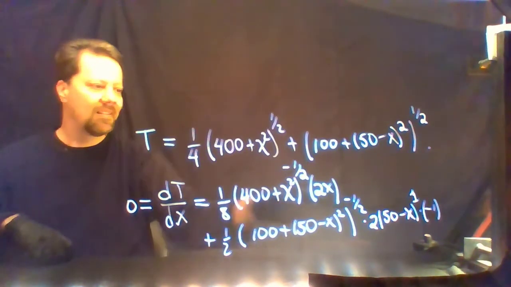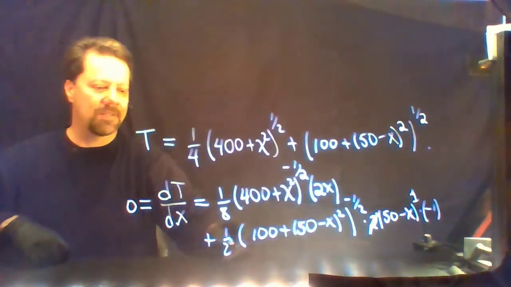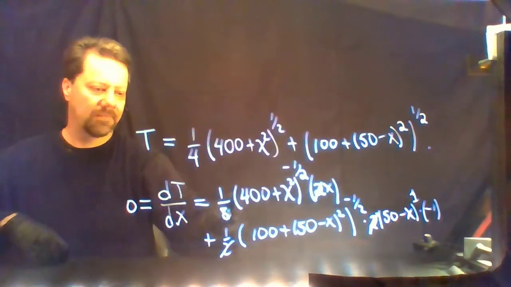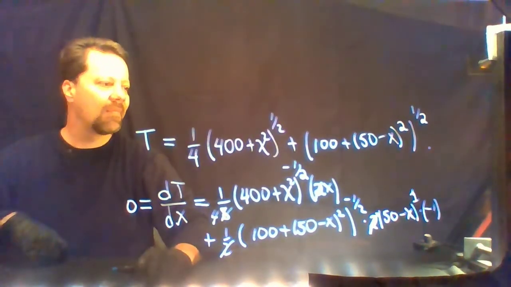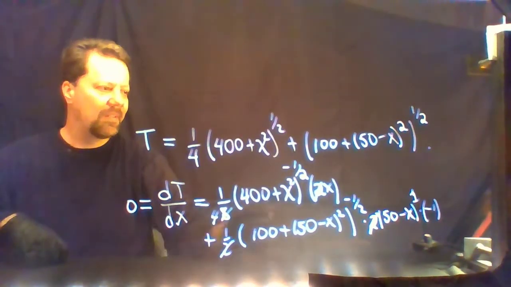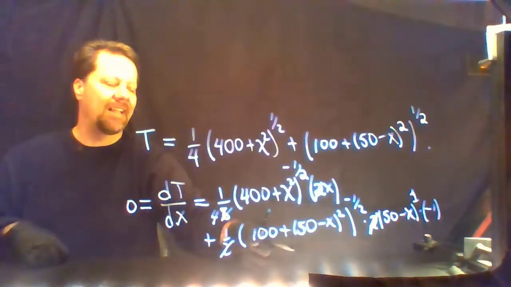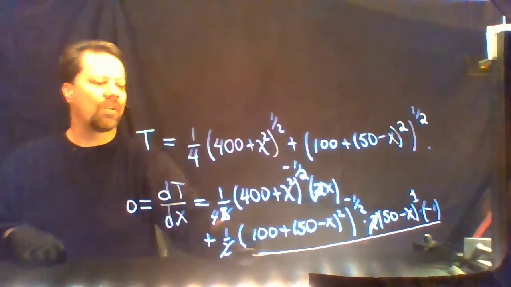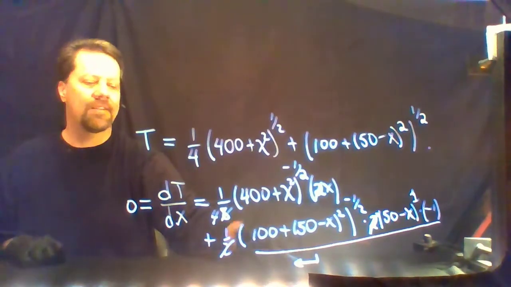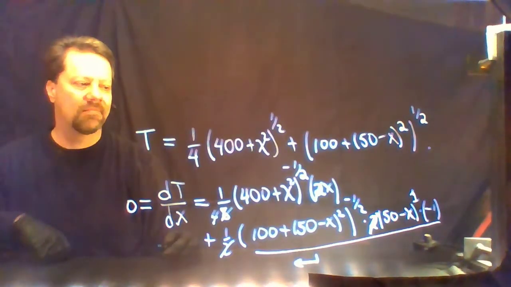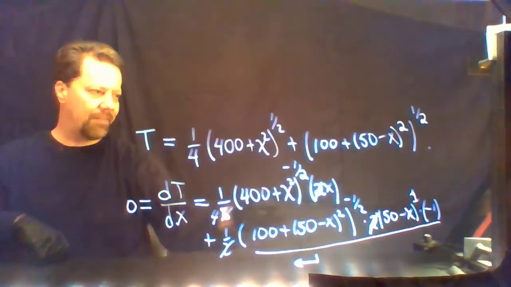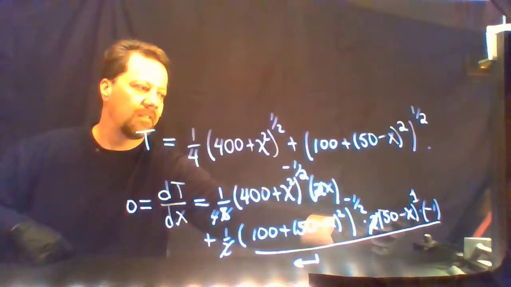Okay, you can see that we can cancel some things. Also, this term is negative. Let's take this whole term and put it on the other side of the equation. That will give us a positive.